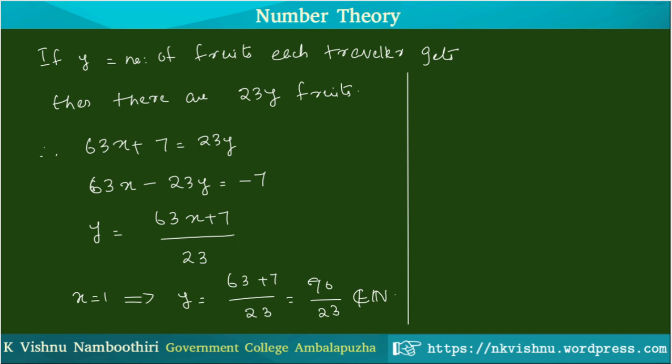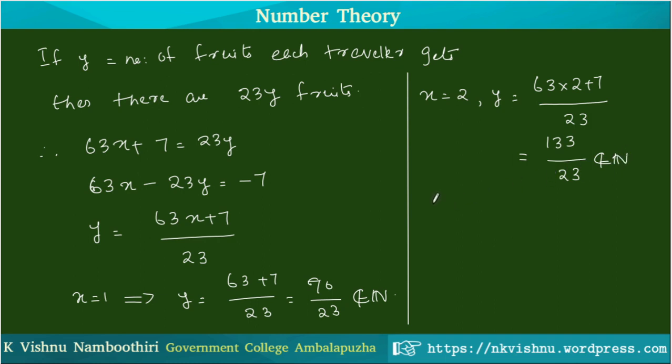So suppose we put x is equal to 2, then we get y equal to 63 into 2 plus 7 by 23, which is equal to 126 plus 7, that is 133 by 23, and this is also not a multiple of 23 because 23 into 5 is 115, and this is also not a natural number.